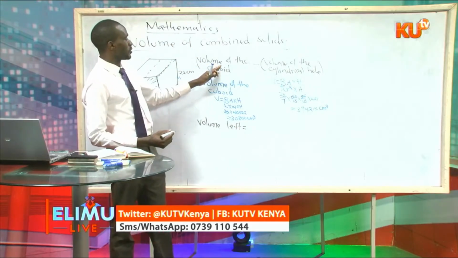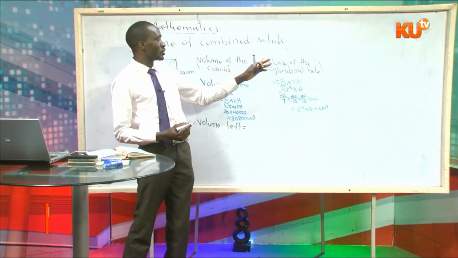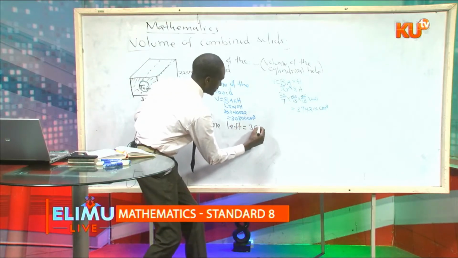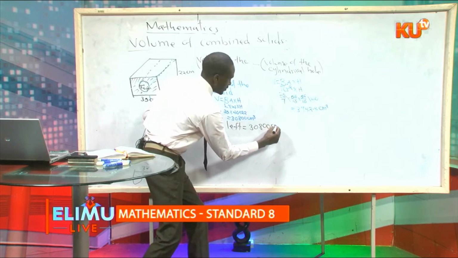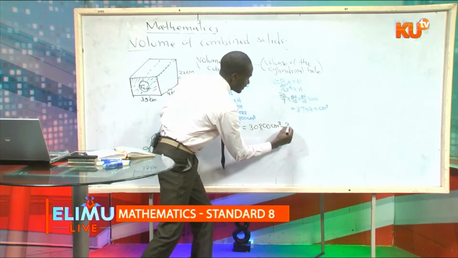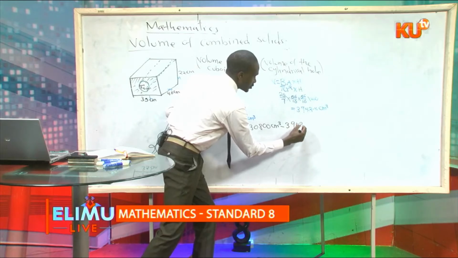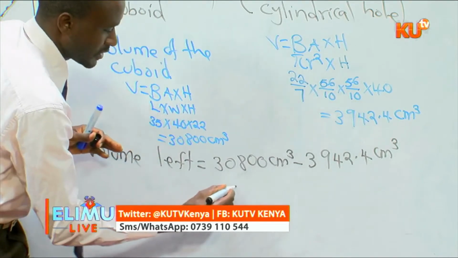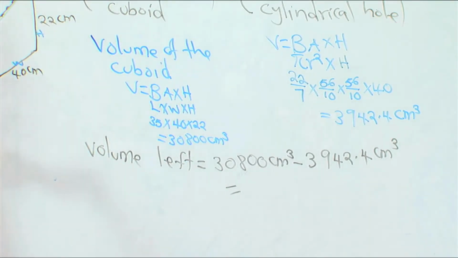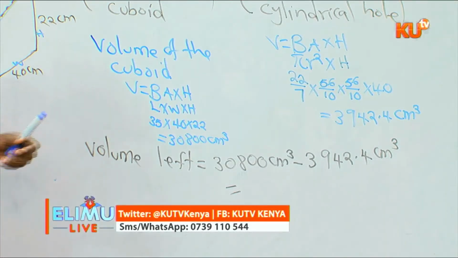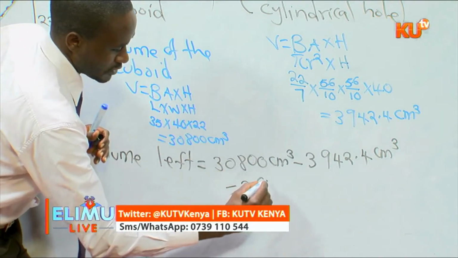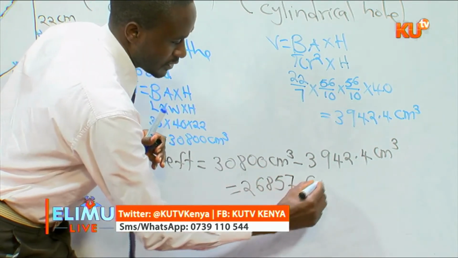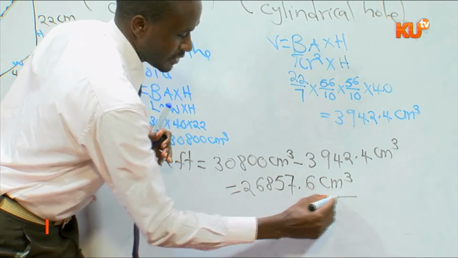Volume left is volume of the cuboid, take away volume of the cylindrical hole. That is 30,800 cubic centimeter, take away 3,942.4 cubic centimeter will give us 26,857.6 cubic centimeter.